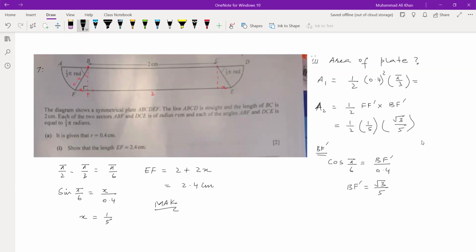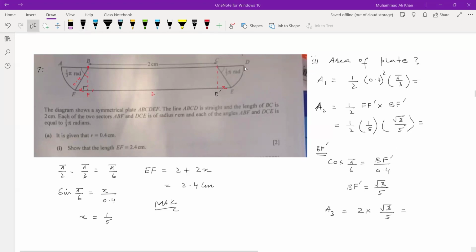By this, we'll get A2. And after that, A3, the area of the rectangle B F dash E dash C. The length is 2 multiplied by the height BF dash, root 3 over 5. This is A3.